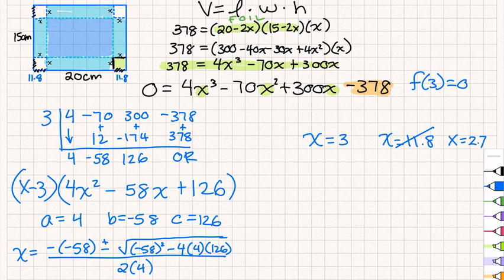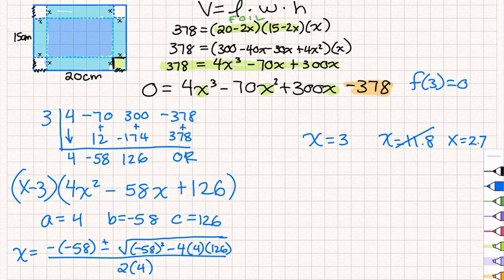It's greater than the length of the rectangle. So that doesn't make sense. If we were to sub in 2.7, would that work? That would work as well. And if we were to sub in 3, that would work as well.